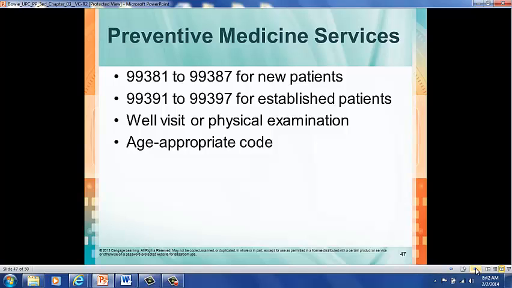Preventive medicine services code ranges 99381 through 99387 are for new patients, 99391 through 99397 for established patients. Well visit or a physical examination is used here, age appropriate.